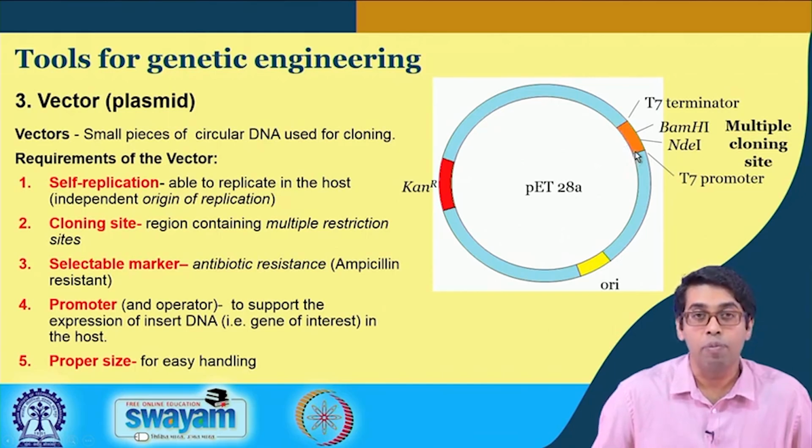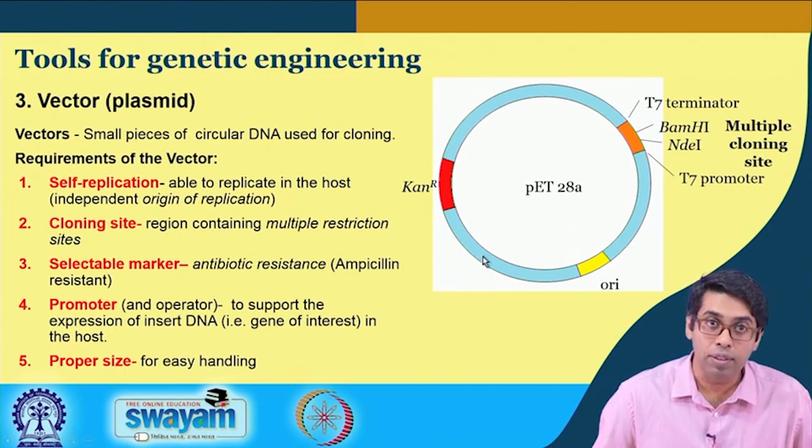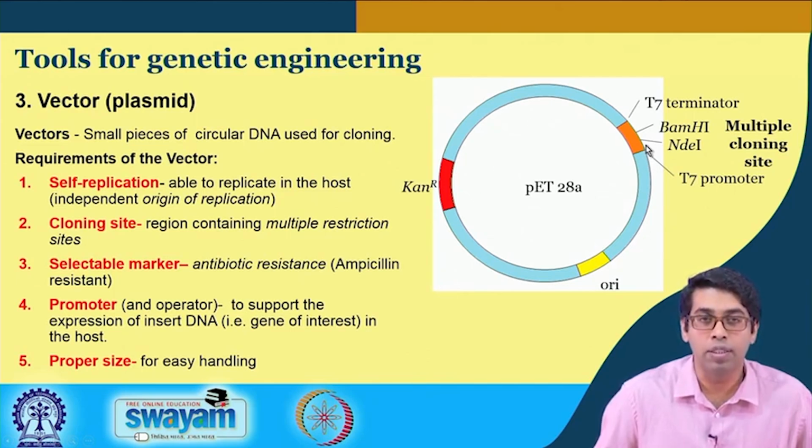So, we need some way of selecting those bacterial cells which have this vector from those bacterial cells which do not have this vector. So, you want to select bacterial cells which carry this vector with your gene of interest from bacterial cells which do not carry this vector.